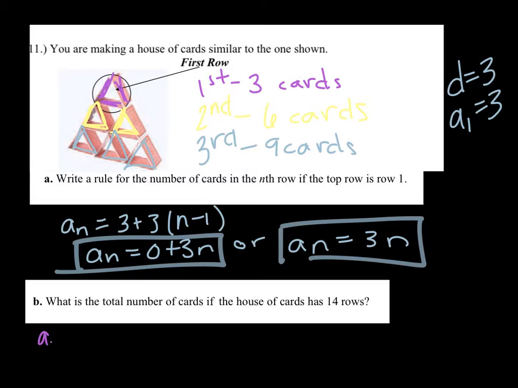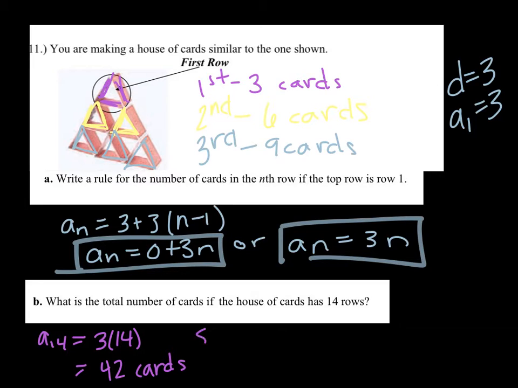So we need to find a sub 14, which equals, since we have our rule, just 3 times 14. And 3 times 14 is going to be 42 cards. So that's not how many cards are in the house. It's saying 42 cards in the 14th row of your house.